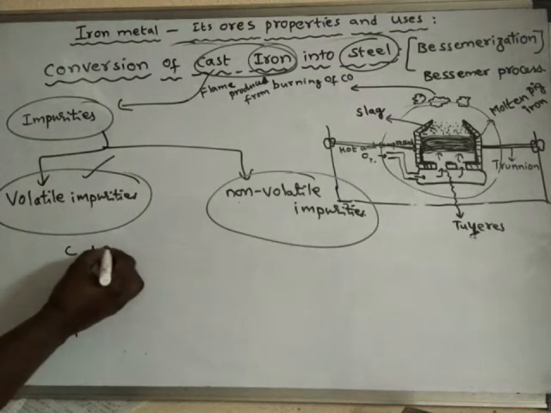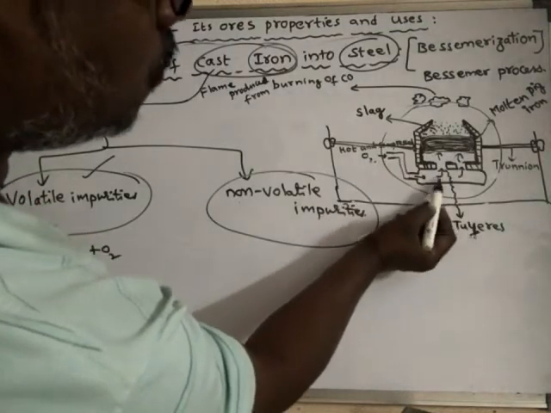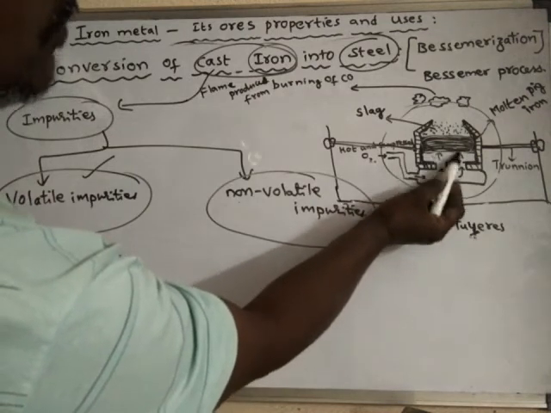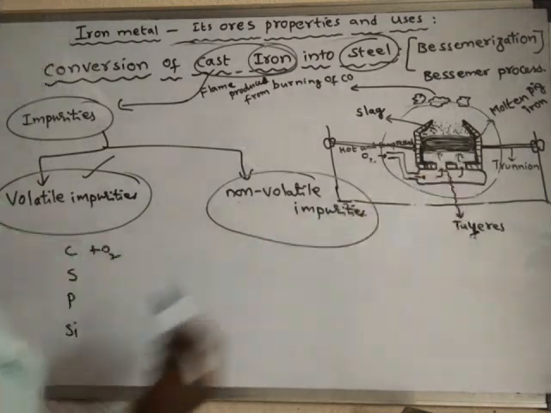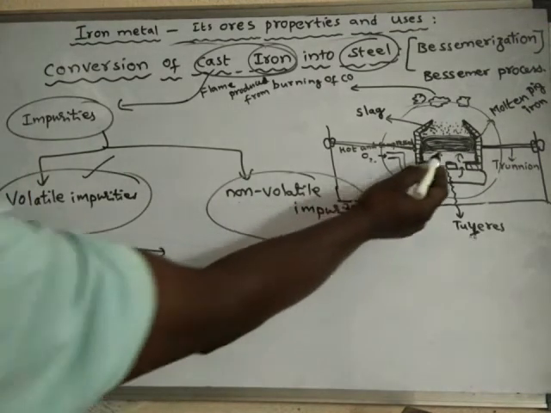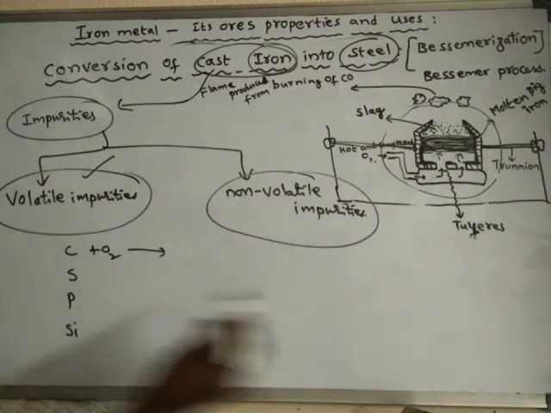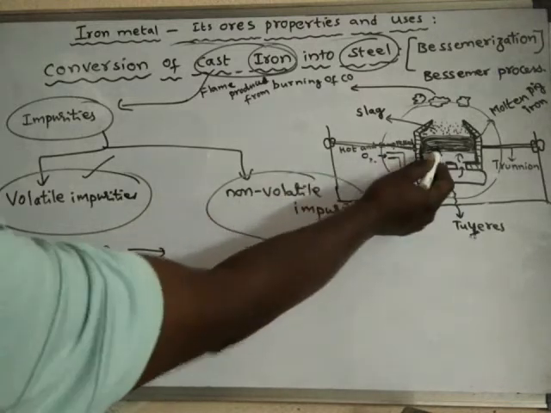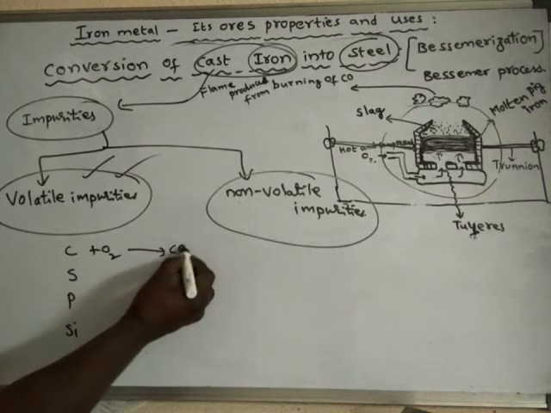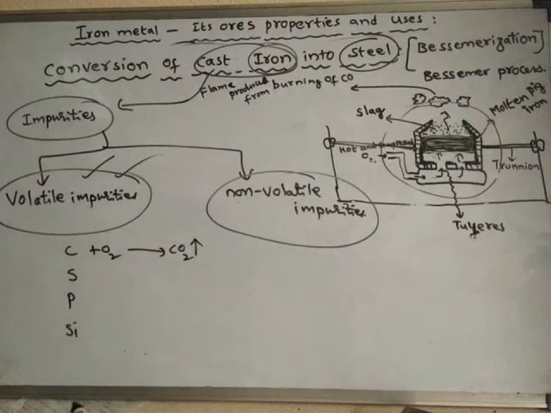When the hot compressed oxygen is sent through the tuyeres into the Bessemer converter, this oxygen reacts with the impurities present in the pig iron and converts them into vapors. If oxygen reacts with the volatile impurities, they are converted into gases and they escape.